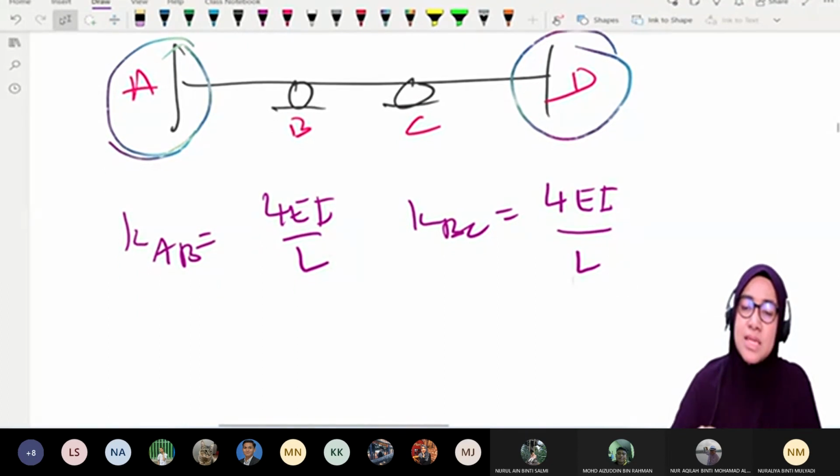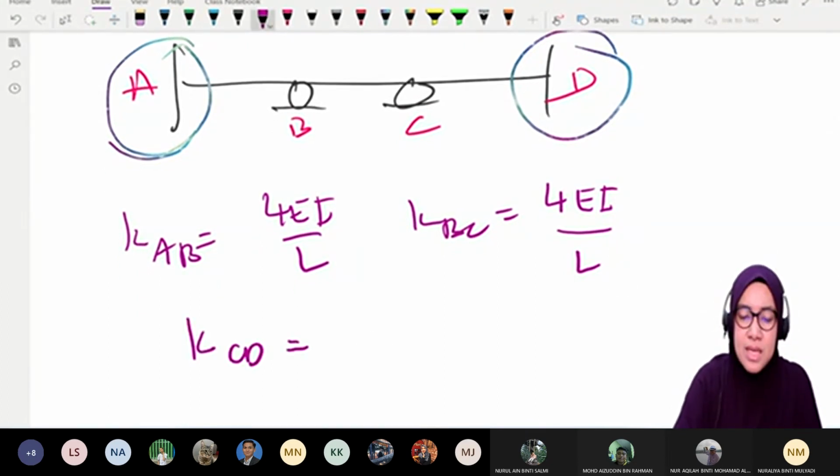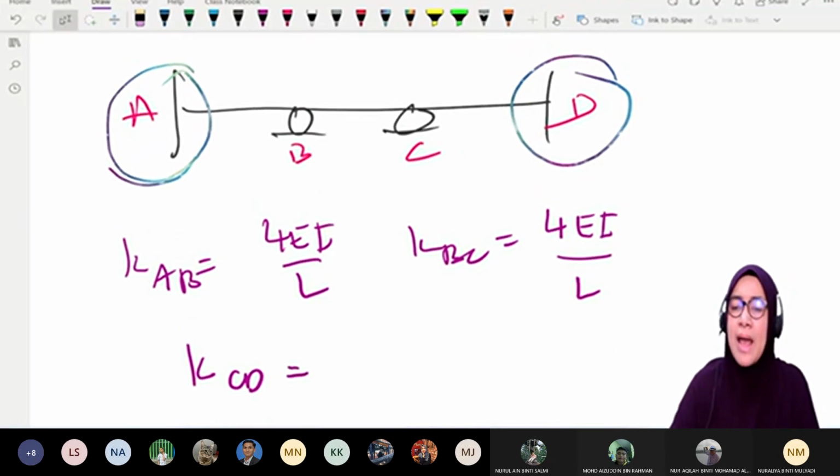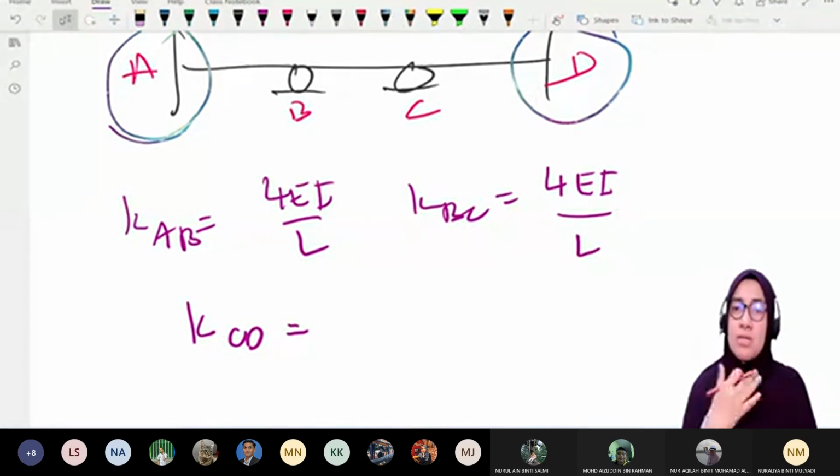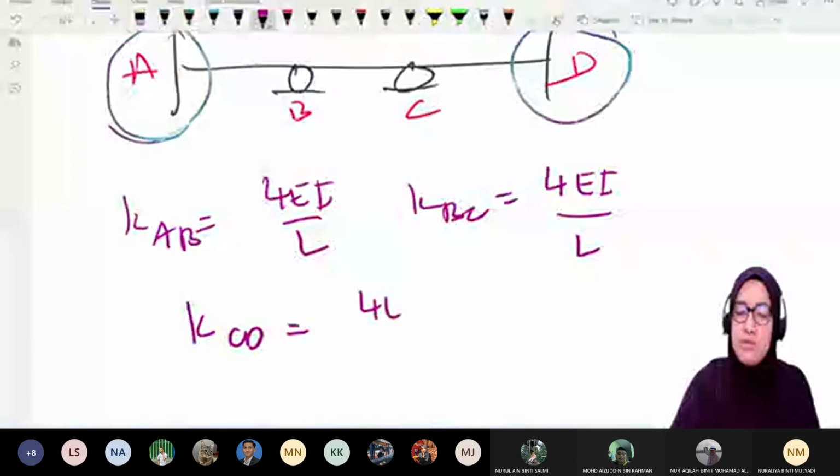And then KCD, the far end refers to D, because the internal one is already fixed. We refer to D. D is fixed, so we use 4EI over L.